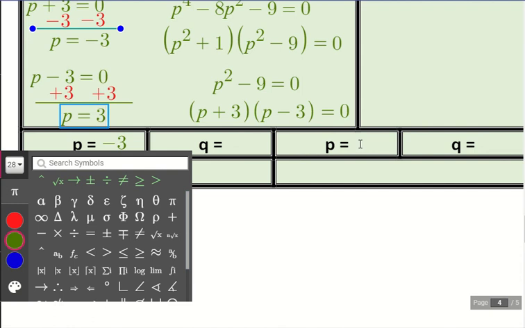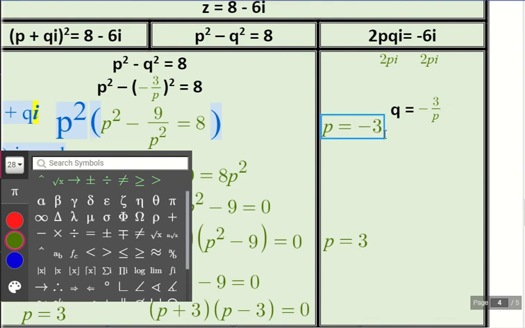And that's our second value of p. So now we've determined that p is either negative 3 or positive 3. We're going to take these results and substitute to find q.